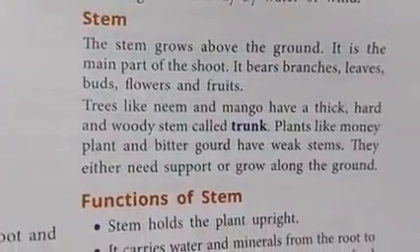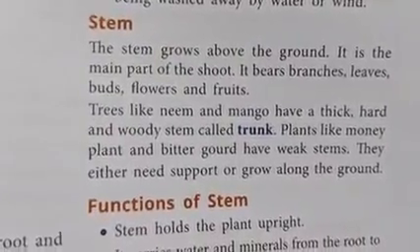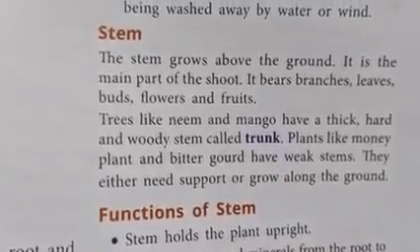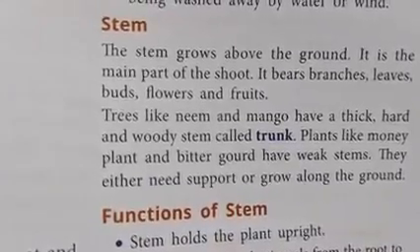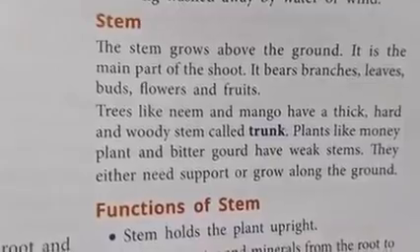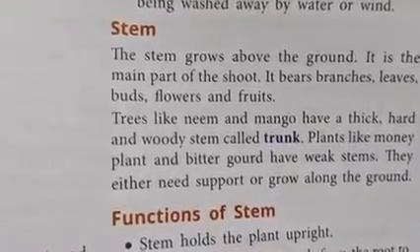Trees like neem and mango have a thick, hard and woody stem called trunk. But plants like money plant and bitter gourd have weak stems. They need support to grow and survive.